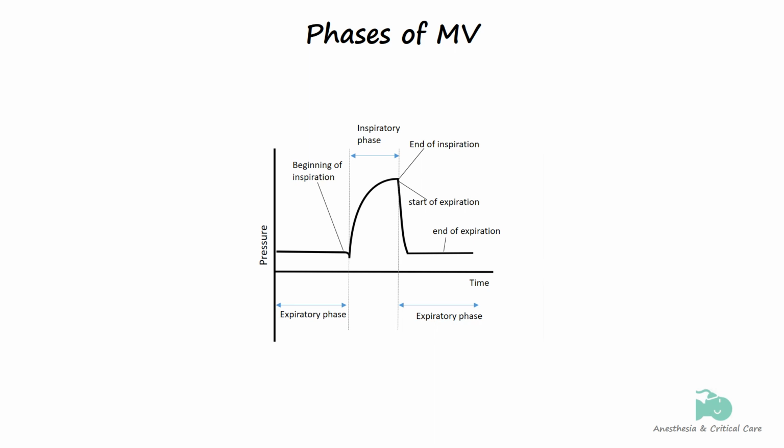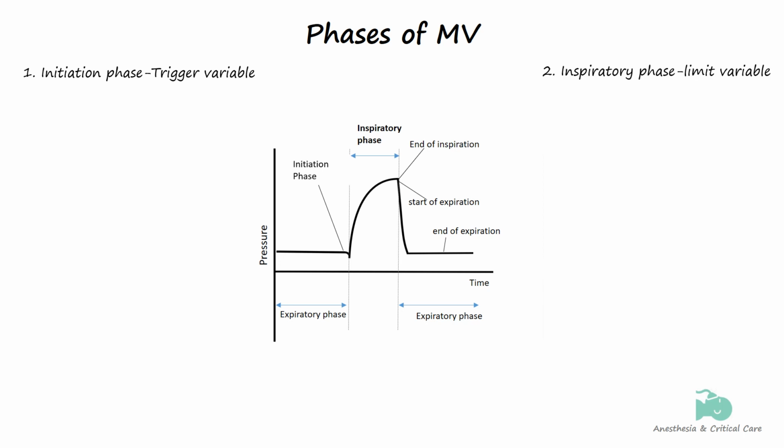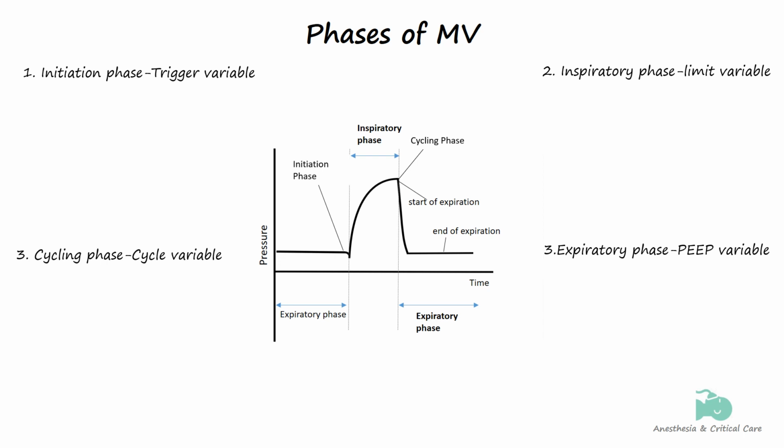For ease, I will use the pressure time scalar for explaining the phases of a mechanical breath. The four phases are the initiation phase, controlled by the trigger variable; the inspiratory phase, controlled by the limit variable; the cycling phase, controlled by the cycle variable; and the expiratory phase, governed by the PEEP variable.